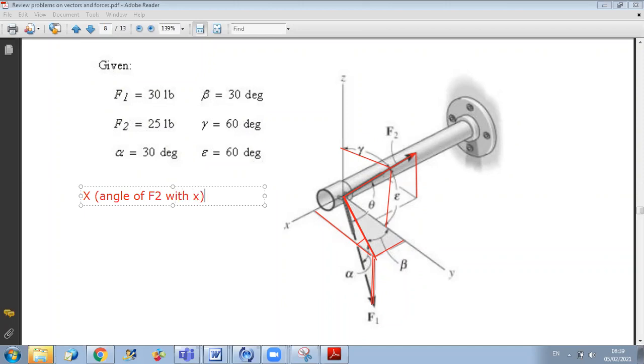This is unknown, I don't know it. Epsilon is given, it's the angle of F2 with y, and it's equal to 60 degrees. And gamma is the angle with z, and it's also equal to 60.